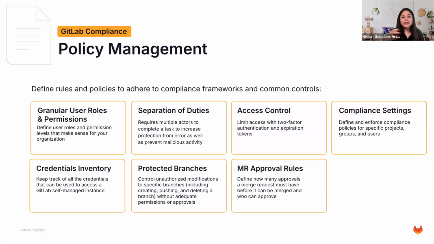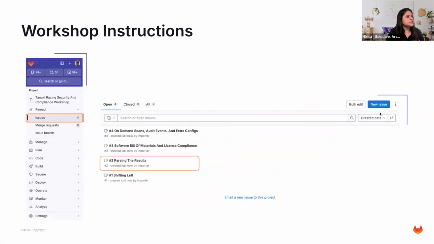You can define merge request approvals, such as how many approvals a merge request must have before it can be merged, or who can approve it. Even if I want to have a protected branch, all of these policy rules or definitions you can define within the policies. So that's pretty much it.